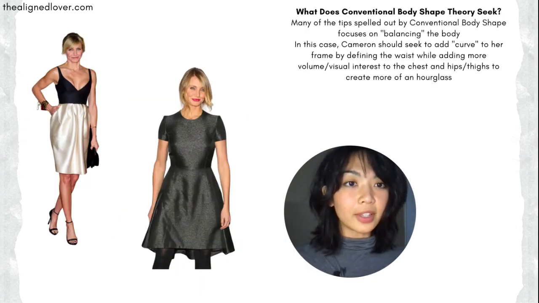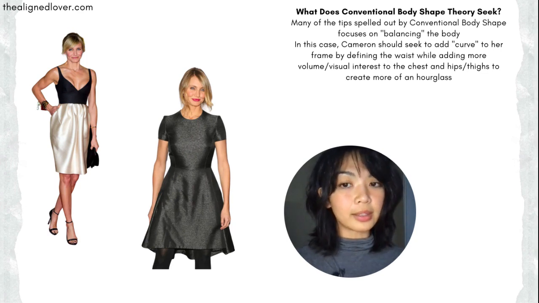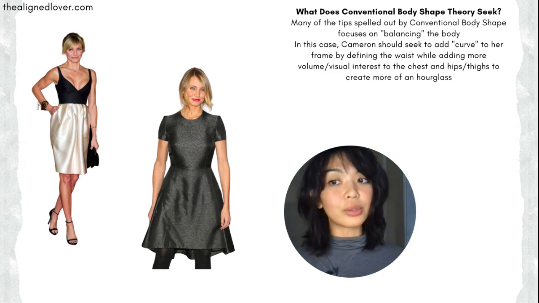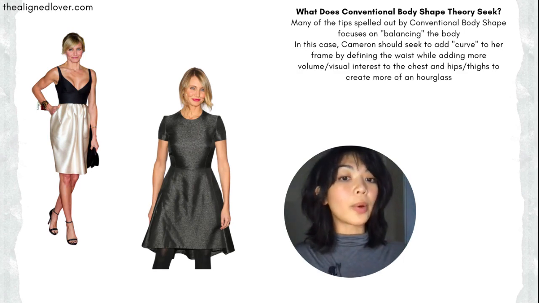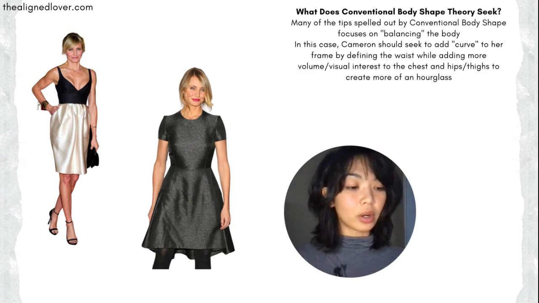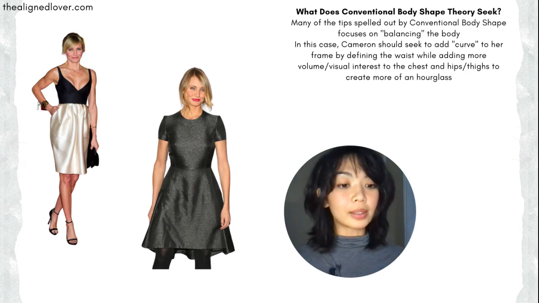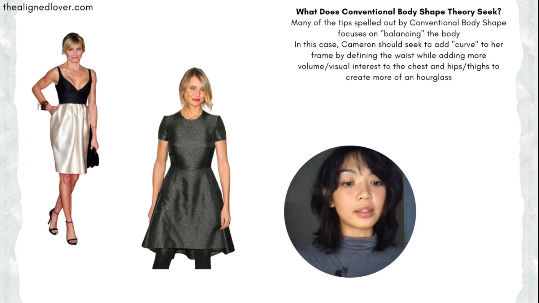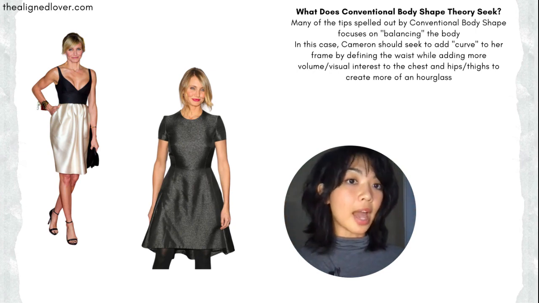So what does conventional body shape theory seek to do? This outdated theory tends to want to impose an hourglass shape onto every body by creating more balance, but that balance often looks like adding more curve, even if there is no curve, creating segments and creating a different kind of top and bottom balance to mimic an hourglass.